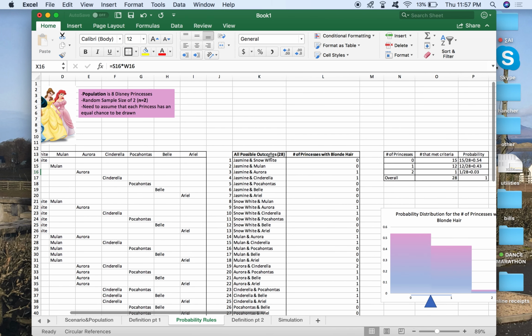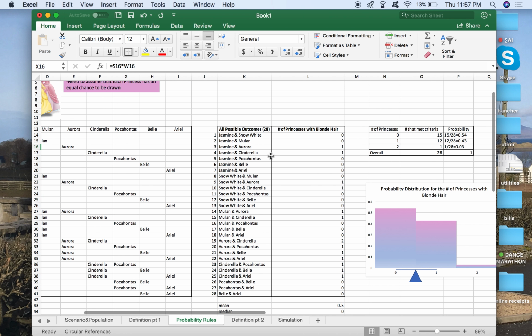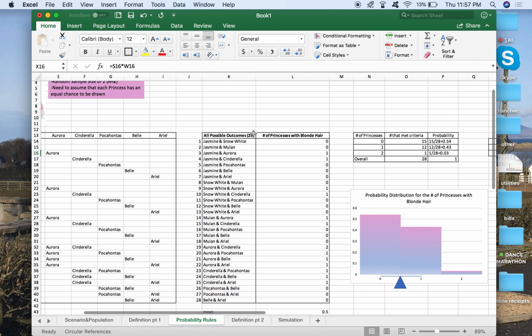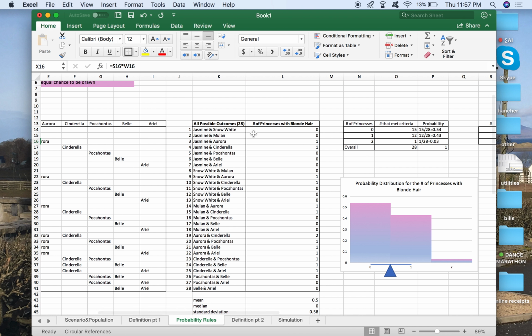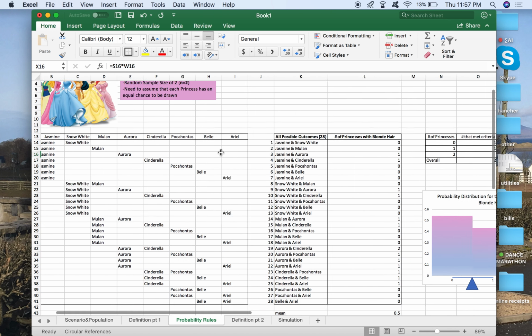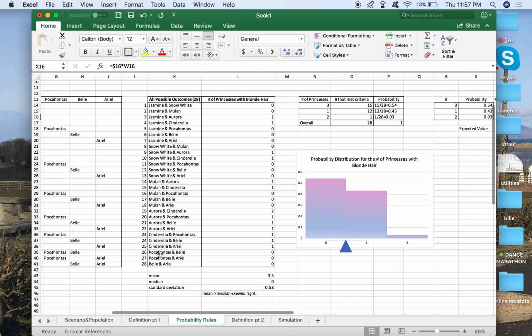Then after that, I collapsed this chart and put it over here so you can just see all of them in a nice area.